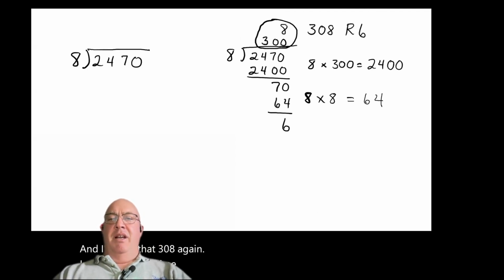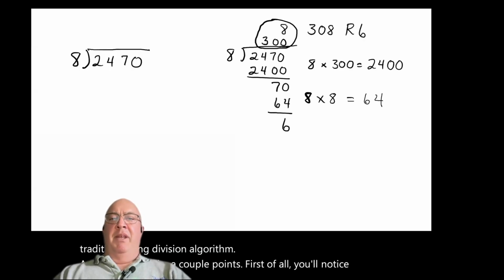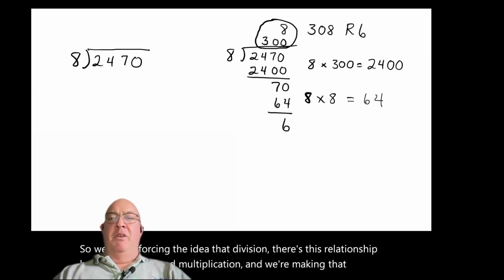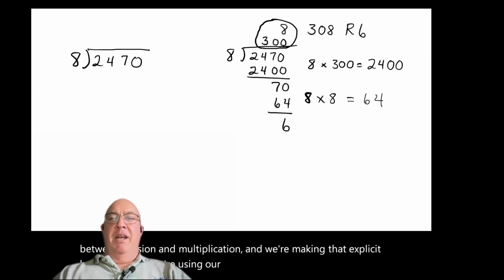Now, I want to contrast that with the traditional long division algorithm, and I want to make a couple points. First of all, you'll notice that we were being very explicit about the use of our multiplication facts. So we're reinforcing the idea that there's a relationship between division and multiplication, and we're making that explicit by using the multiplication facts that we know to perform the division.